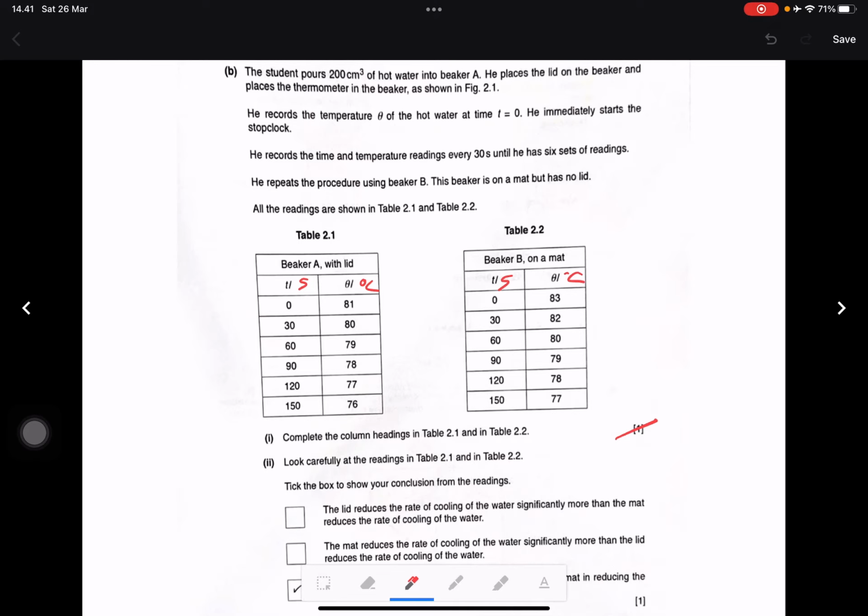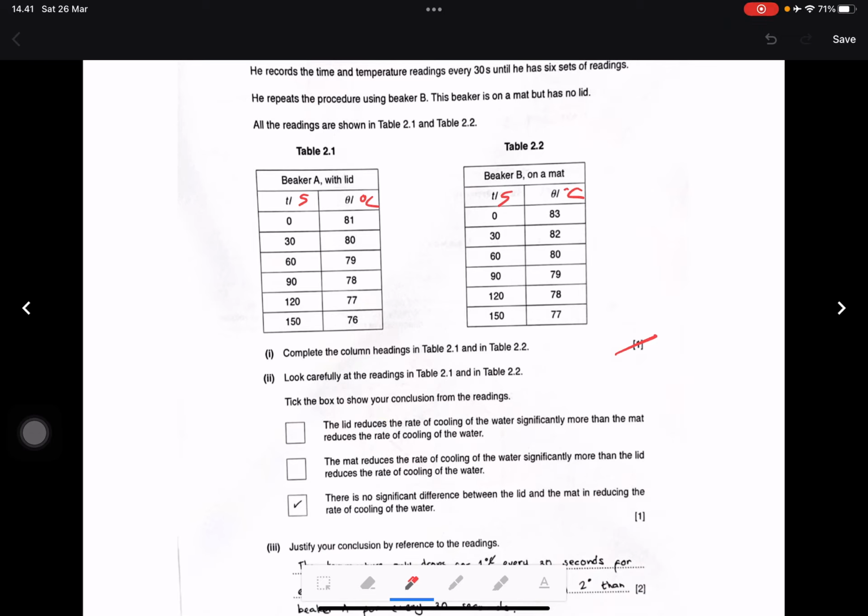Then look carefully at the readings in Table 2.1 and Table 2.2. Tick the box to show your conclusion from the readings. The third box is ticked to match the reading. This is correct here.